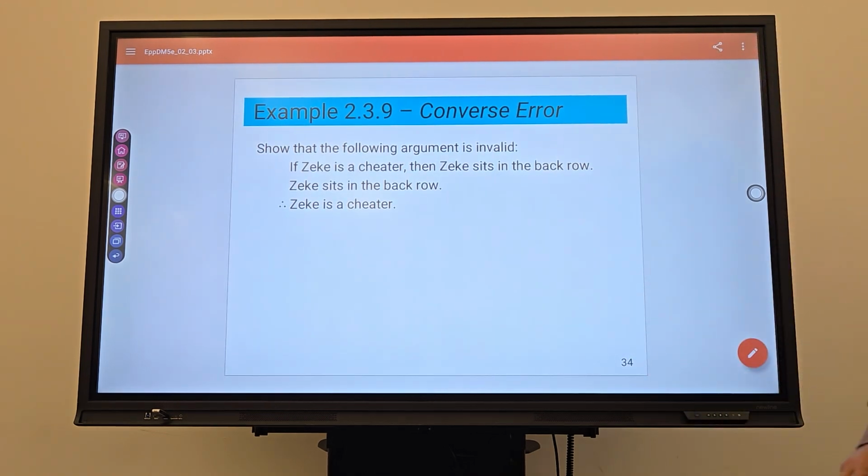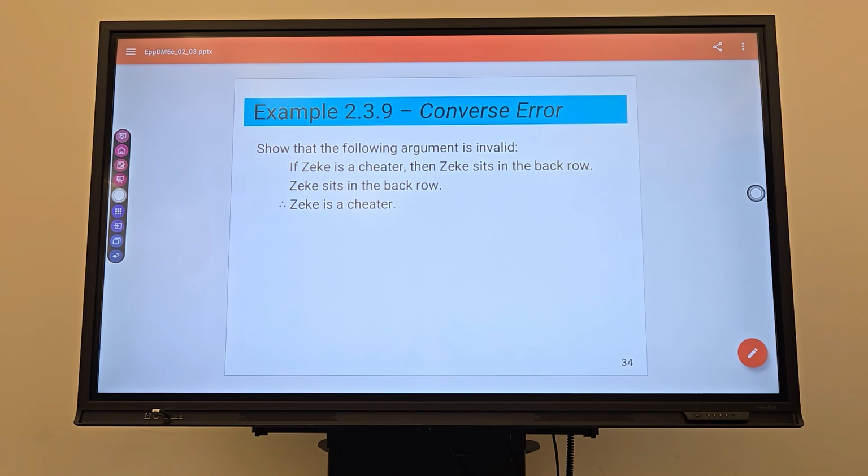The converse error. The converse is not the same as the original statement. So, if Zeke is a cheater, then Zeke sits in the back row.